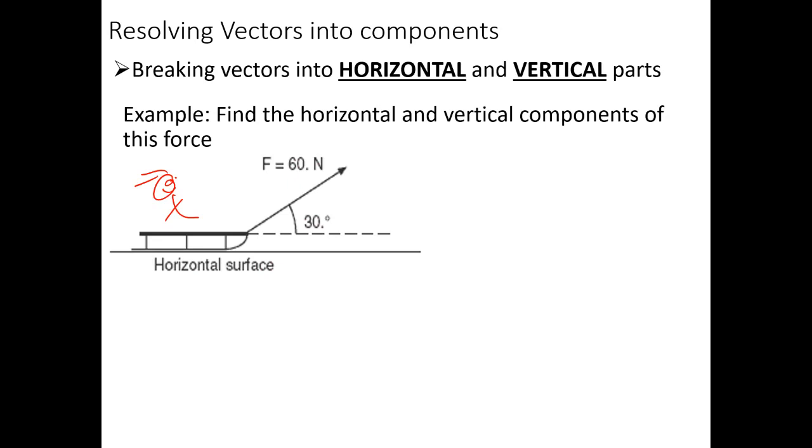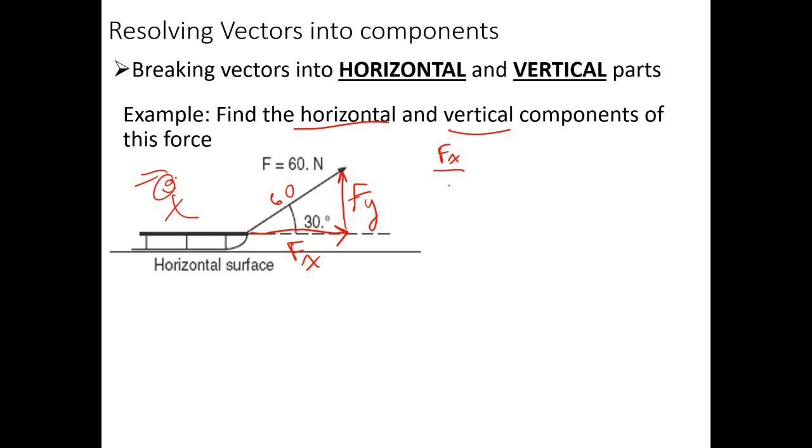Okay, if I back this up a minute and look at both the horizontal and vertical components of this force, I'm just going to take this 60 Newton force and draw on it Fx and Fy. The magnitude or size of this thing would be 60 Newtons. To do some math to find out what Fx and Fy would be, I'm going to apply some trig ratios to it.